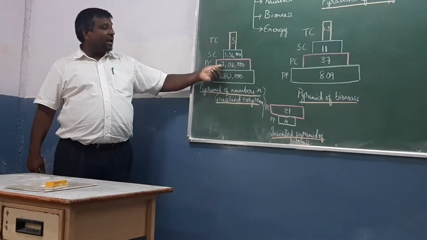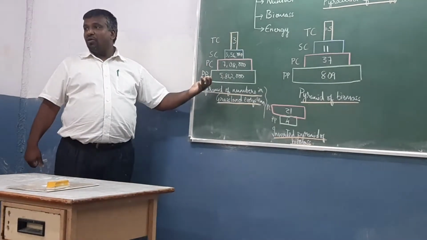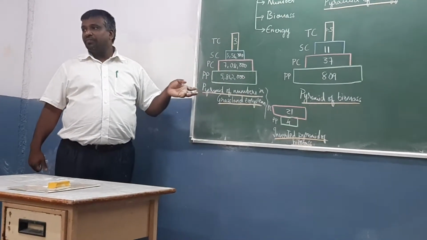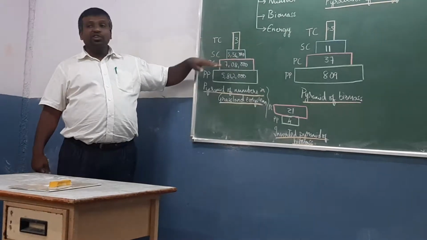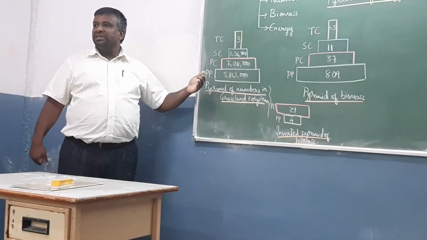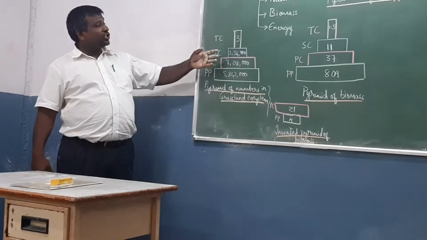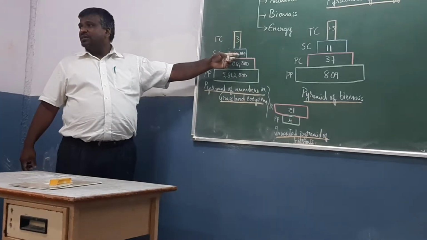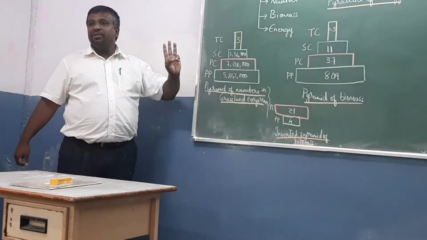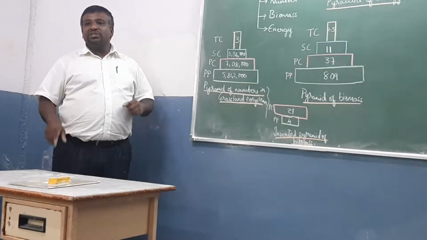They found the primary consumers to be 7 lakh 8,000. The secondary consumers were at least 50% lesser, 3 lakh 54,000. The tertiary consumer number was very, very less, just 3 in this ecosystem.